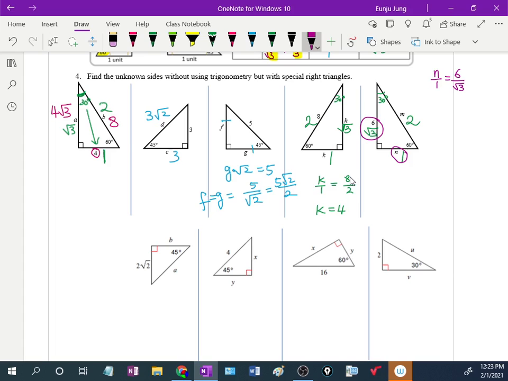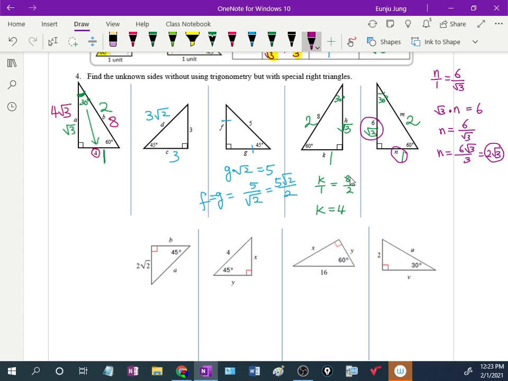And then you have an equation to solve. Cross multiply, root 3 times n is going to be 6. So you will divide this time, right? And then you can have the answer. So your n will be 6 root 3 over 3, which can be reduced to 2 root 3. That is your n.